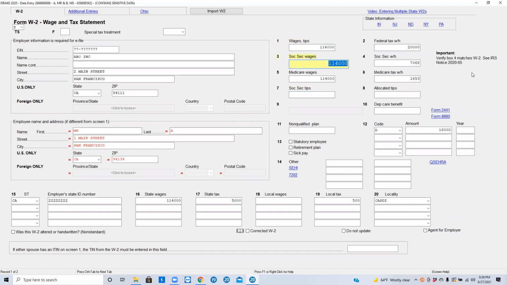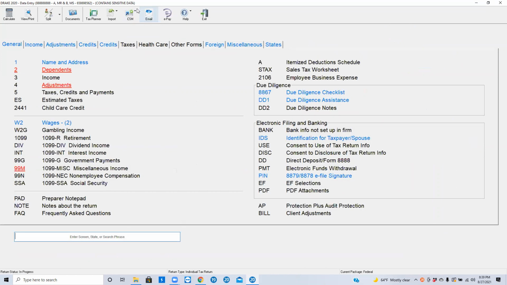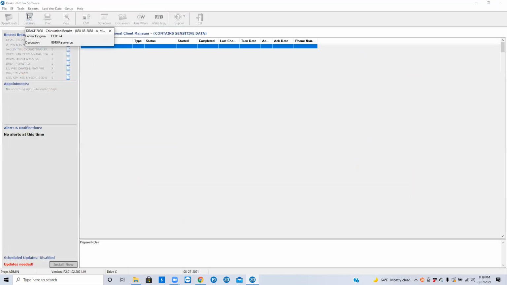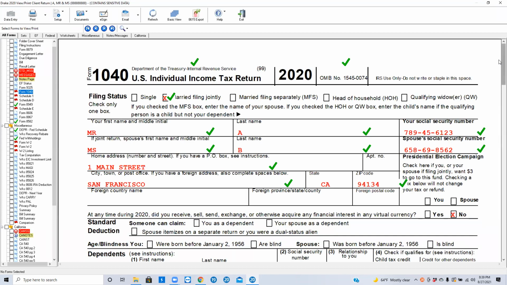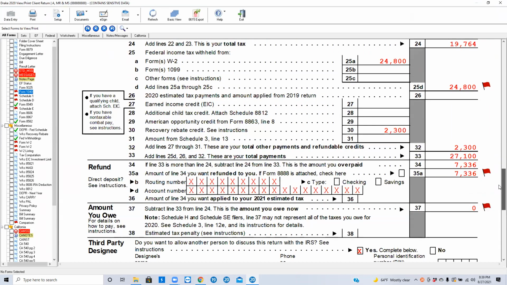So now this is 130k. So now let's look at this situation. If this client participates, the 401k is 16,000. So his W-2 will look like this. In this situation, let's look at the tax. It was 5,000 something, right? You see it? Now it's all the way 7,000 something, just for furlough. So it matters. It matters.